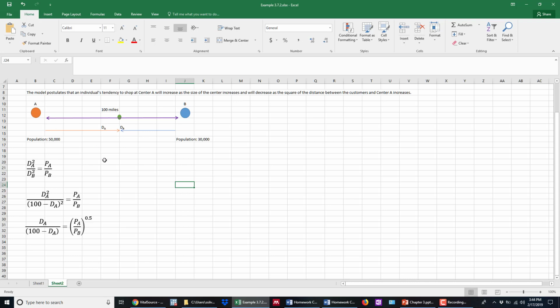Those variables should be related where distance enters the equation squared, and this is the population ratio. Now, what I'm trying to determine is this distance here that I'm going to call dA.